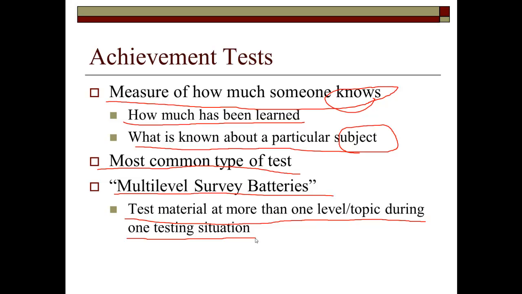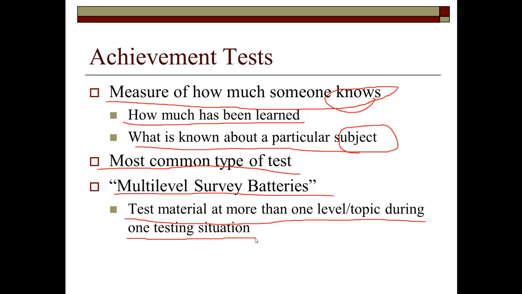The COMPASS test that we give as the entrance test for the technical college system could be, I think, classified as a multi-level survey battery, because you will start off with one level during the test, and then as you progress you answer more and more questions.